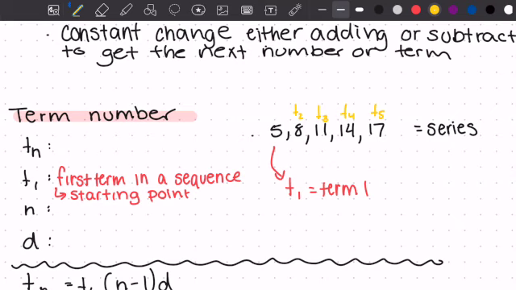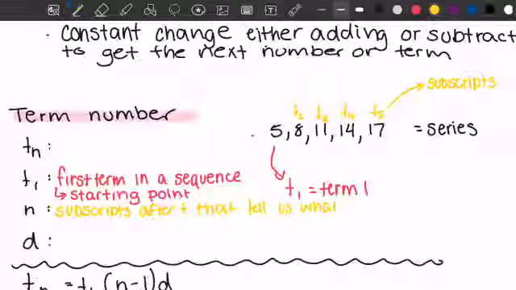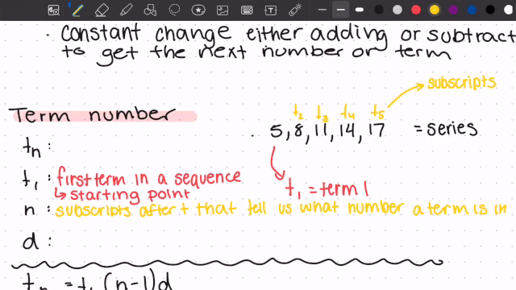Those little numbers are called subscripts, and they happen to be this n value here. Subscripts after T tell us what number a term is in the sequence.